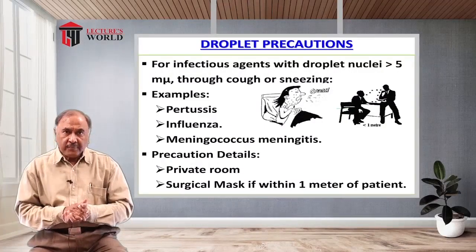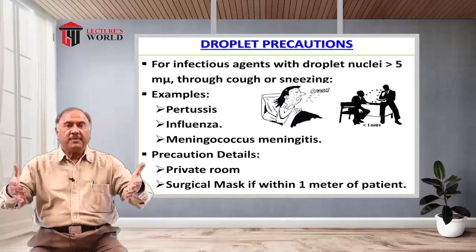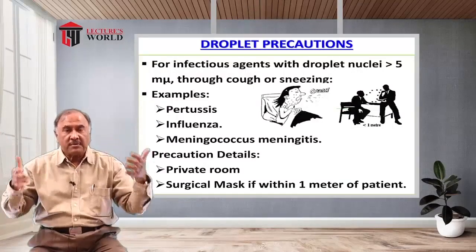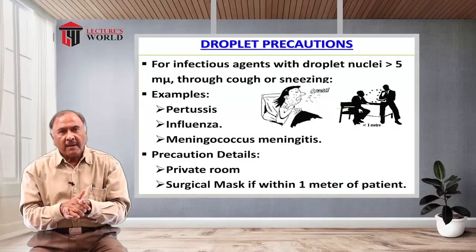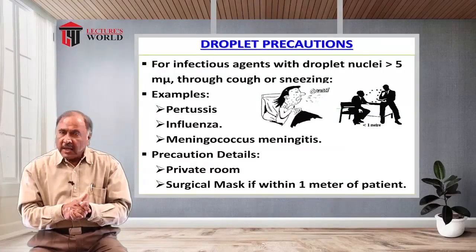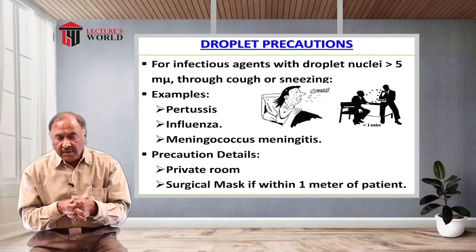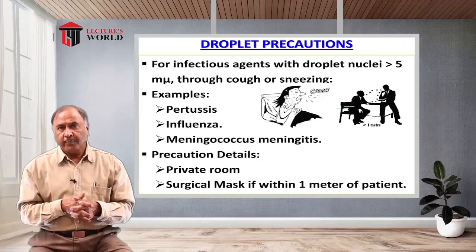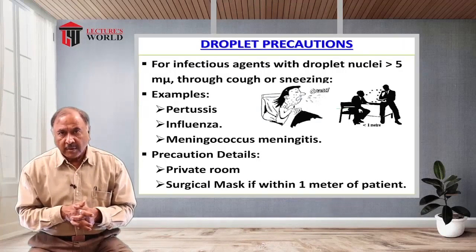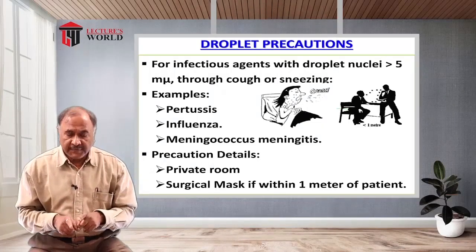And if anyone is near that patient, including nursing staff, doctors, or visitors, relatives, they have to use a surgical mask, and an N95 if they are within 1 meter of a patient. I hope this is very clear in the present context.